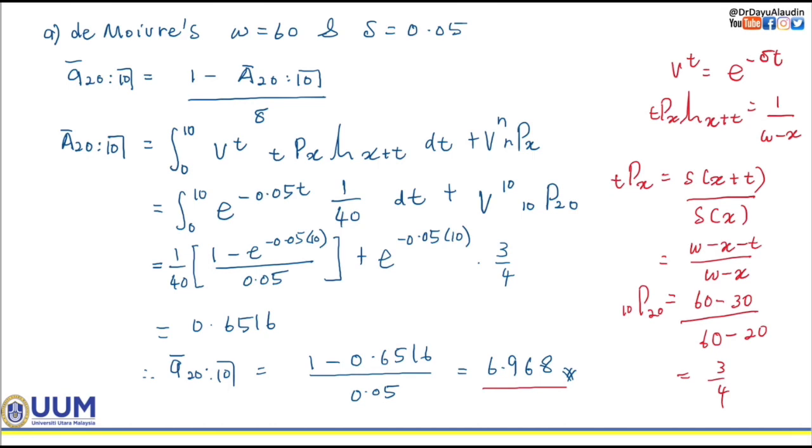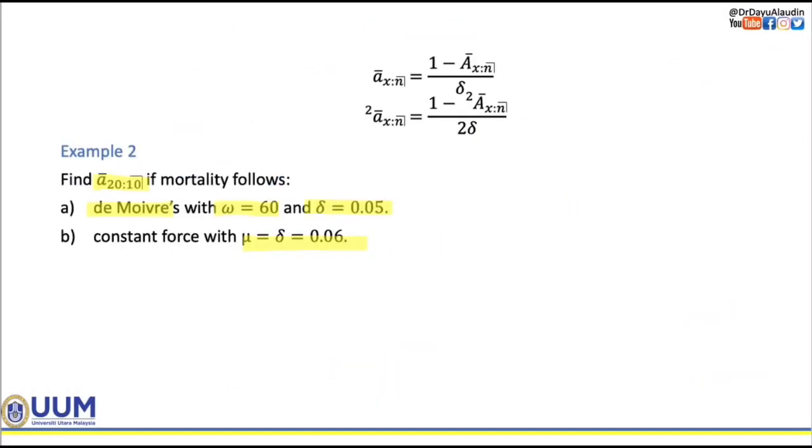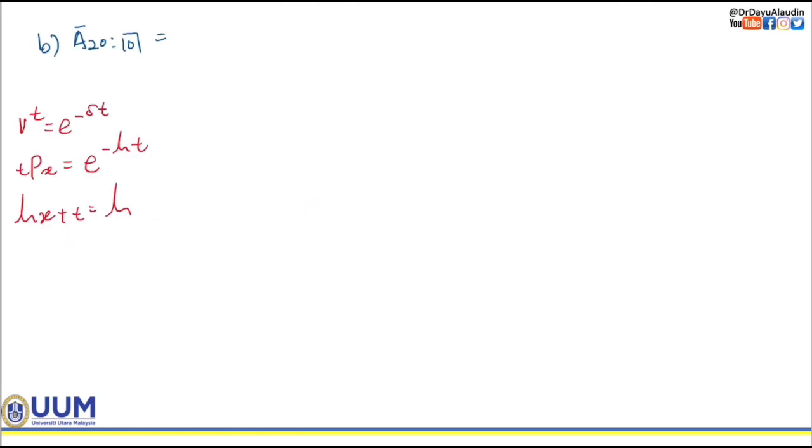Okay, second method, for constant force, with mu equal to delta equal to 0.06. So both mu and delta have equal value. The v^t is still the same as in De Moivre's law, e^(-delta t), the force of interest.